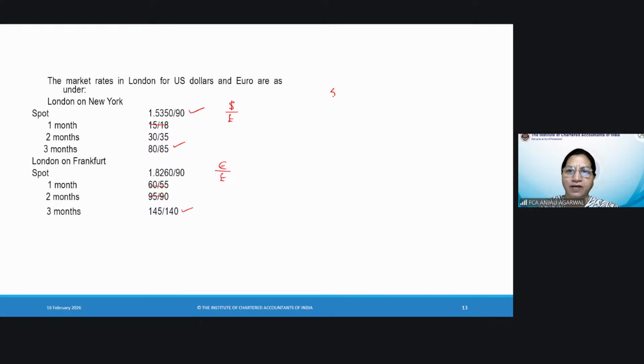Now you have 500,000 USD to invest, which you can invest in London, US, or Frankfurt. If you invest in London, you have to convert it into pounds and then make the investment.